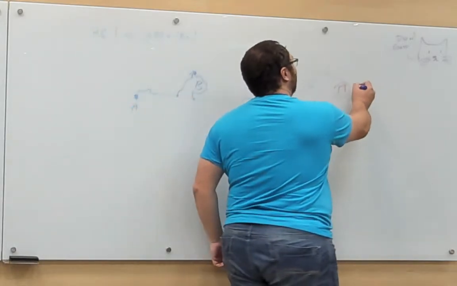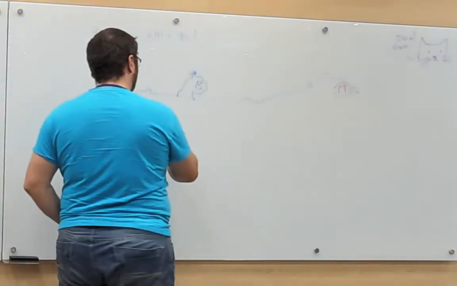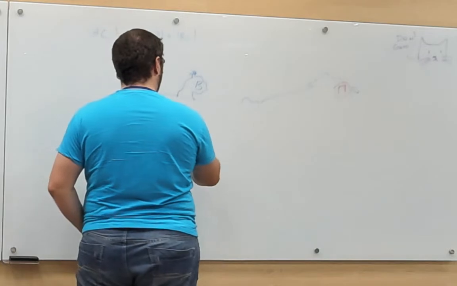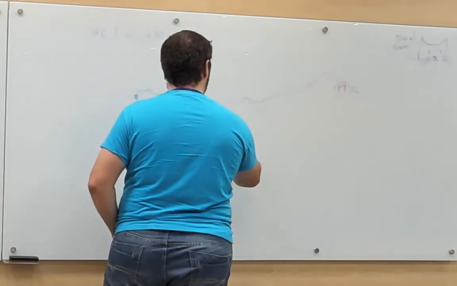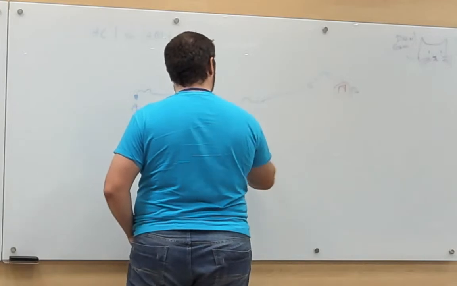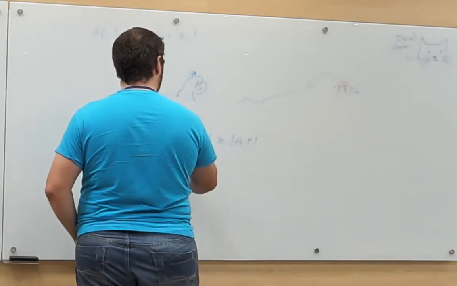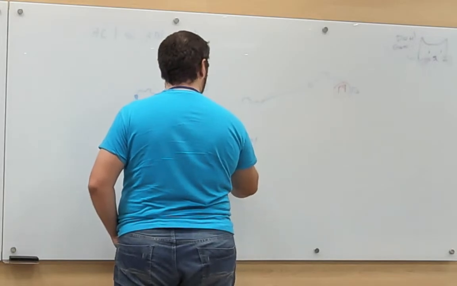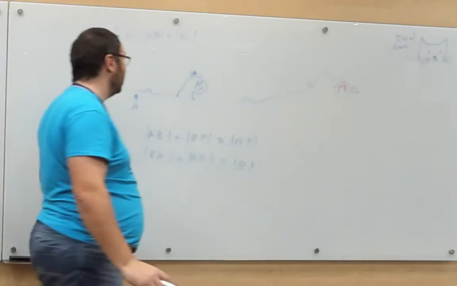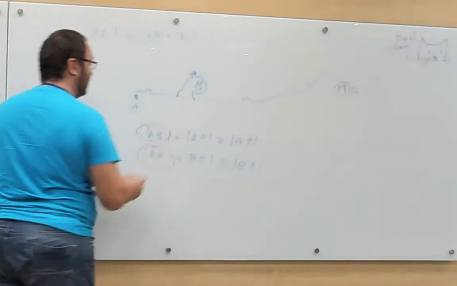And what this is telling us is if we have the point P here in Paris, then you can say that the distance A to B plus B to P is greater than or equal to the distance from A to P directly, and the distance from B to A plus the distance from A to P is greater than or equal to the distance from B to P. Now, we will generally assume that on our graph, this and this is the same distance.